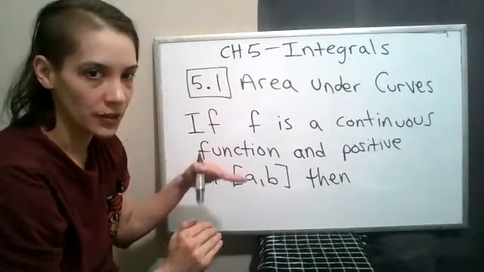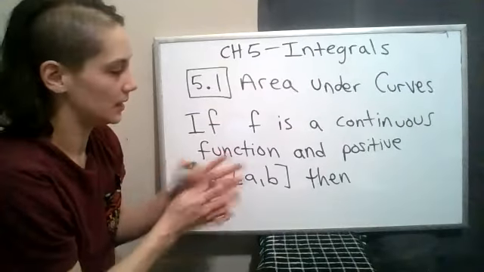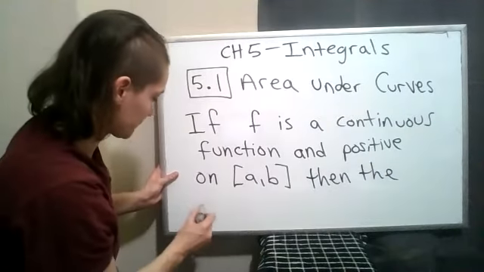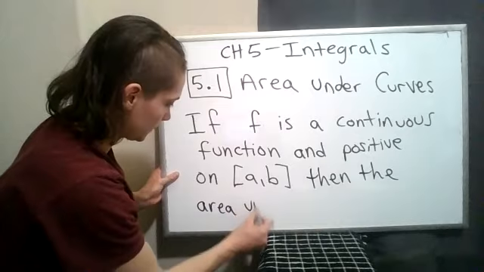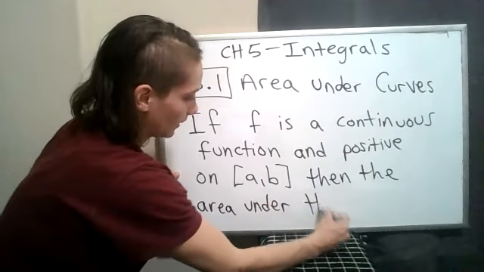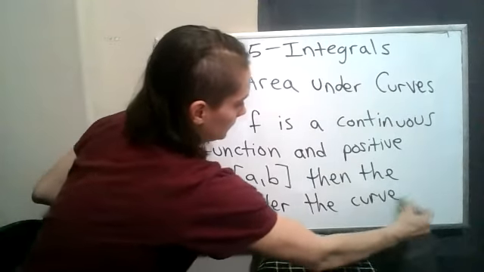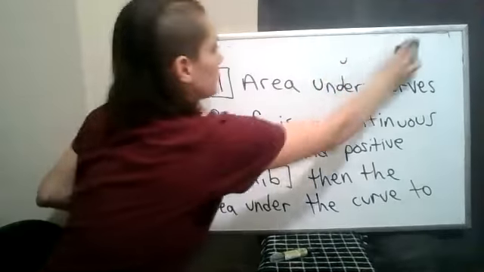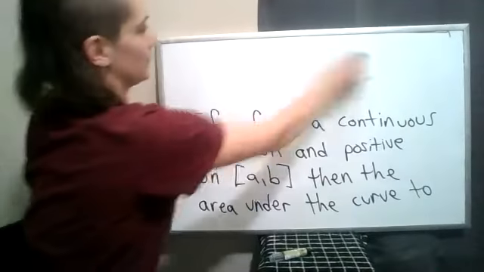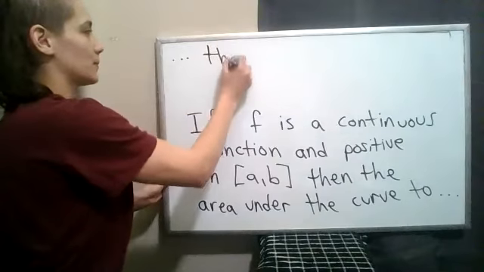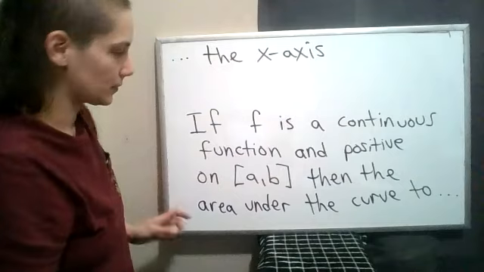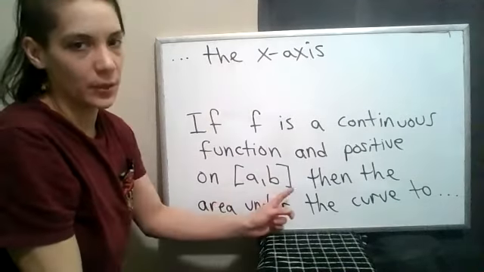So it's the area under the curve to the x-axis from x equals a to x equals b.